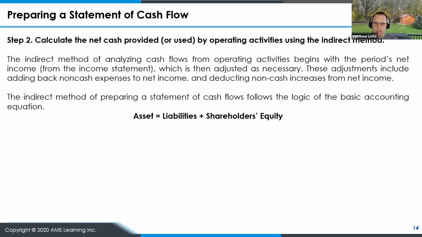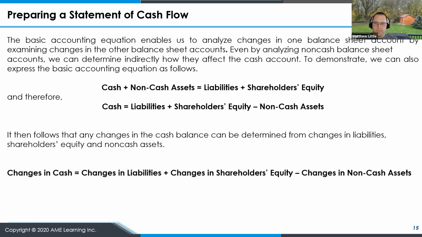How we calculate that is we add back the non-cash expenses to net income and deduct the non-cash increases from net income. So this basic accounting formula is helpful in that case.